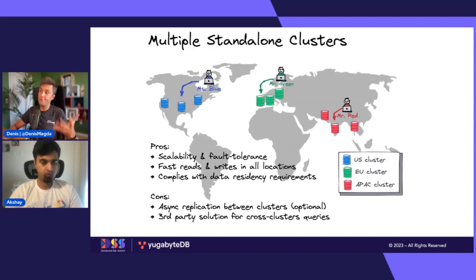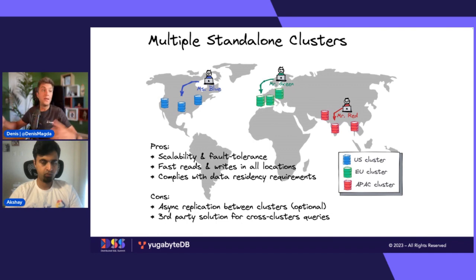Another one, let's say you fixed everything with read replicas, but then you understand that now, folks, we are running it globally, we are used globally, and we want to have low latency, and we want to have fault tolerance across all of those locations for both reads and writes. Another approach that is supported by many other databases these days is to use multiple standalone clusters. So you can deploy a standalone cluster of YugabyteDB in the United States, in Asia.